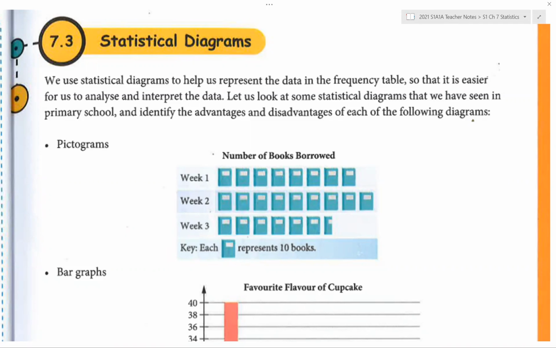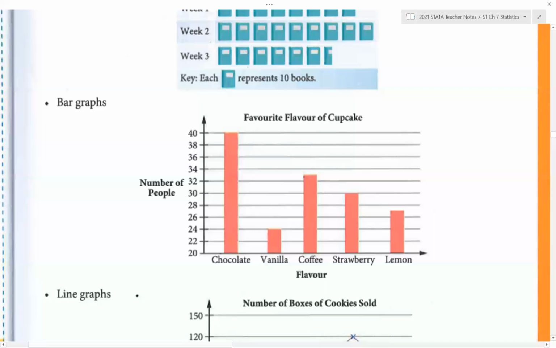The first one is our pictogram, which you have covered in primary school, yes? You need to know the advantages and the disadvantages also. The next type will be your bar graph, just reading the values horizontally.